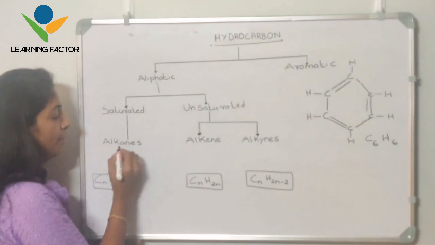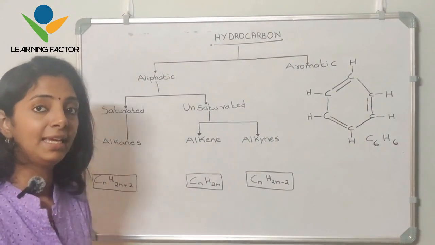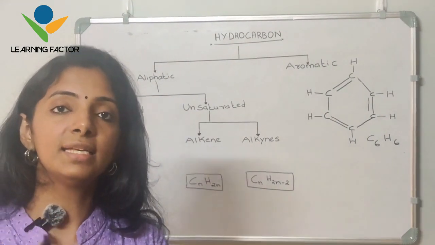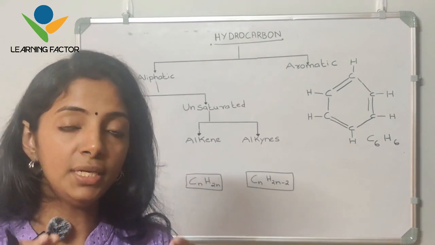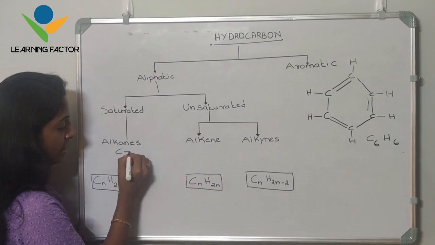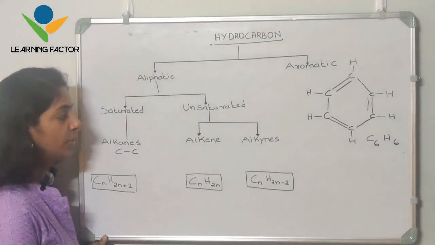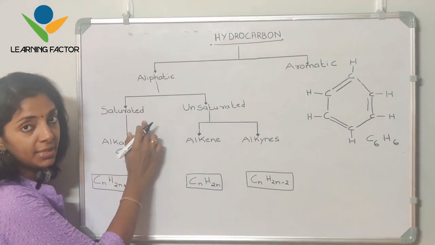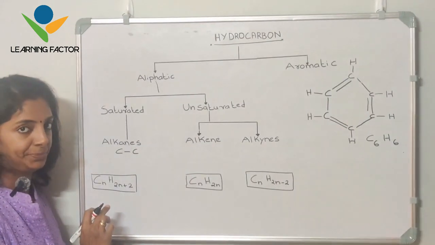Saturated compounds are called alkanes. Alkane means it has only a single bond between 2 carbons. Saturated carbon compounds are called alkanes.